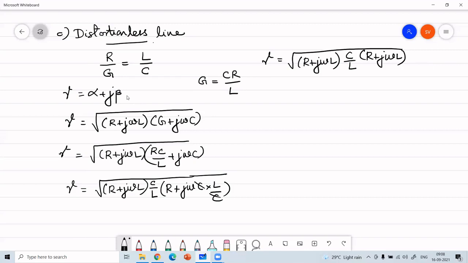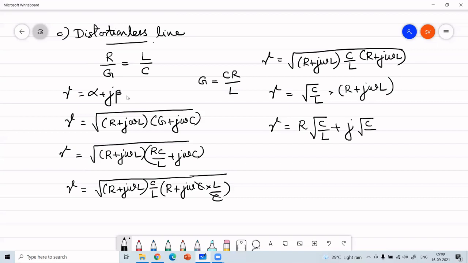R plus j omega L is taken outside the square root. So the square root of C by L into (R plus j omega L). Now multiplying this root of C by L inside the bracket, gamma is equal to R into root of C by L plus j into root of C by L into omega L.